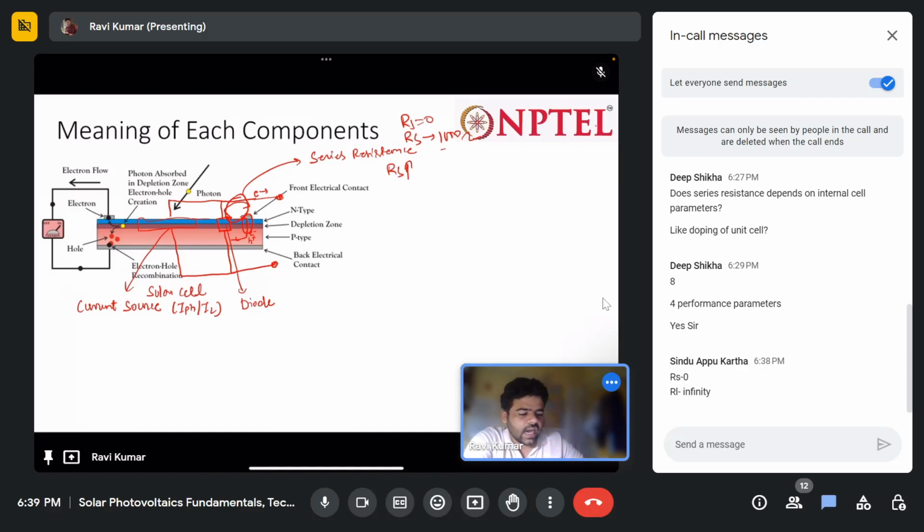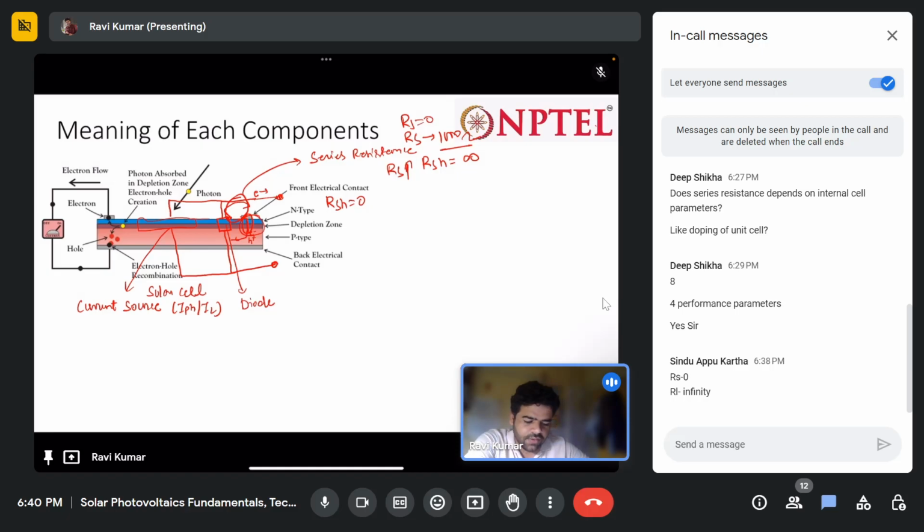Second thing, let's say RSH. Hindu said RSH should be infinite. Let's say RSH becomes 0. So what will it represent? It will represent there is no more a PN junction. It is a short circuited path. So there are some metallic impurities which are making this path completely conductive.